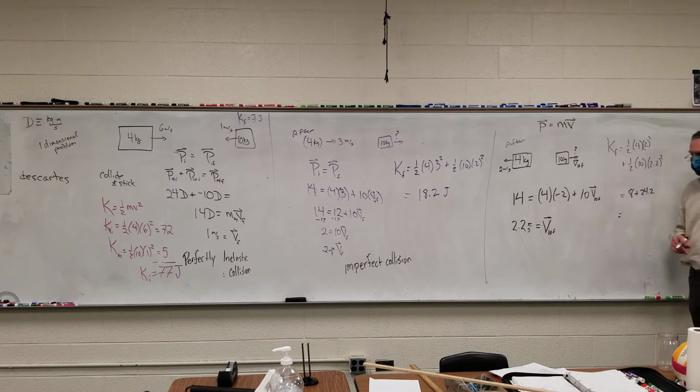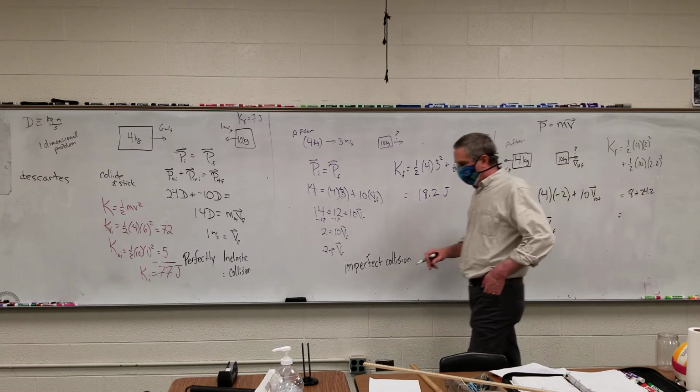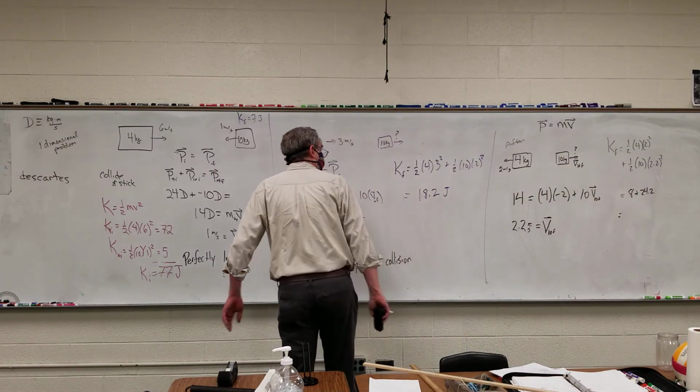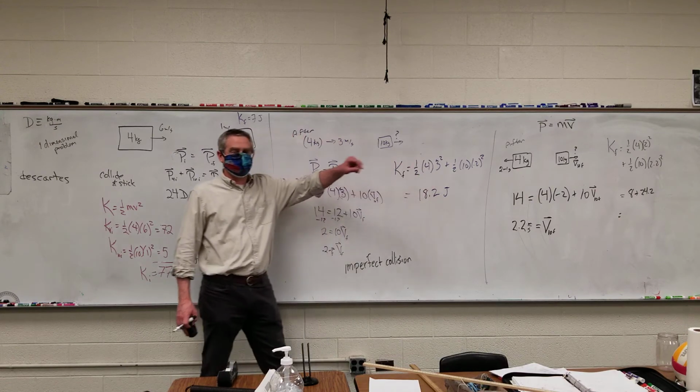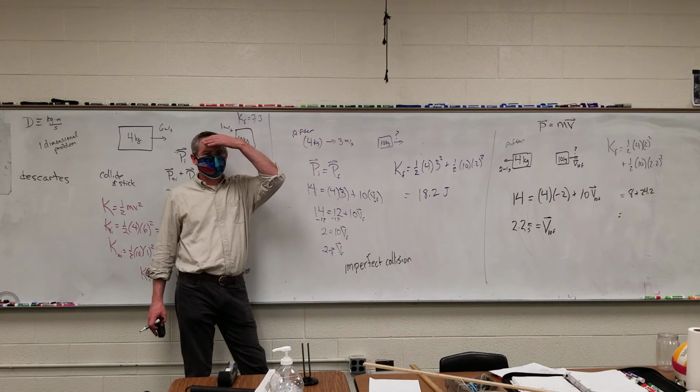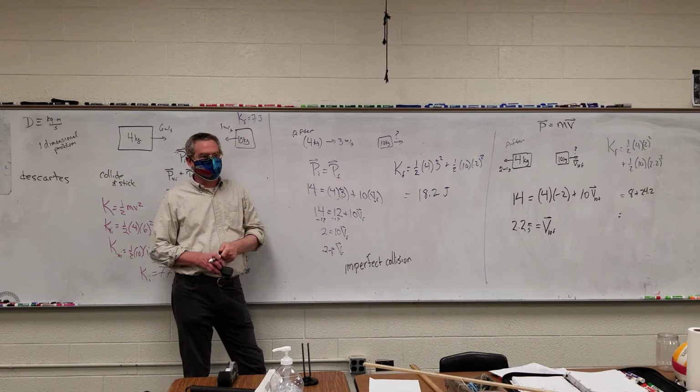I'm gonna make a small change here. I'm going to change the final velocity of the 4 kilogram mass. Any questions before I do that, using the miracle of an eraser?